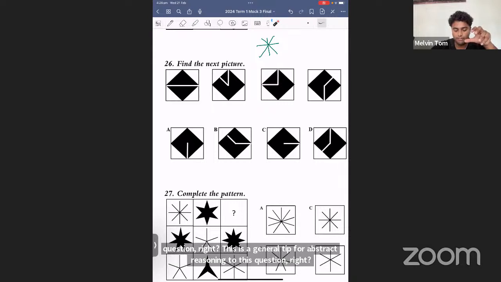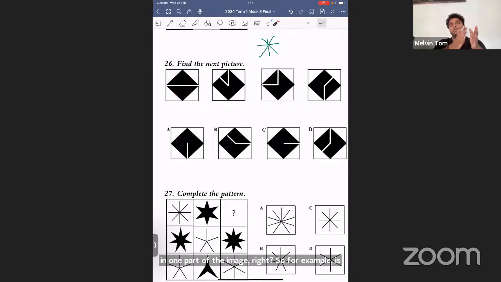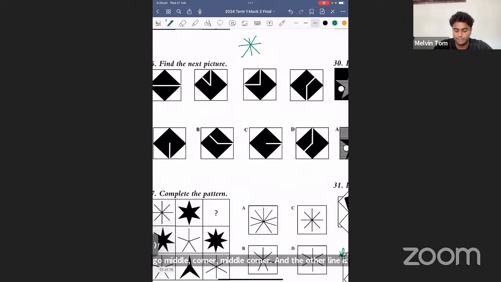For example, is there one feature that's always in a corner? Or is there one feature that's always in the middle like this? When you do that, you quickly are able to separate which line is which in the next images. You soon see that this line is the line that goes in the middle, and the other line is always in each of the corners. So it saves you a lot of time in finding the pattern.